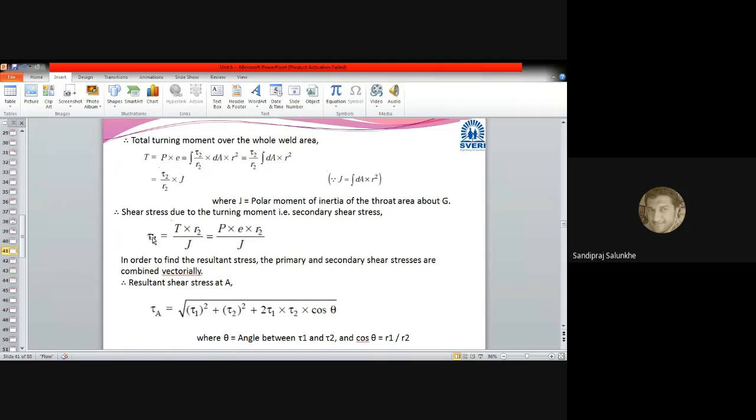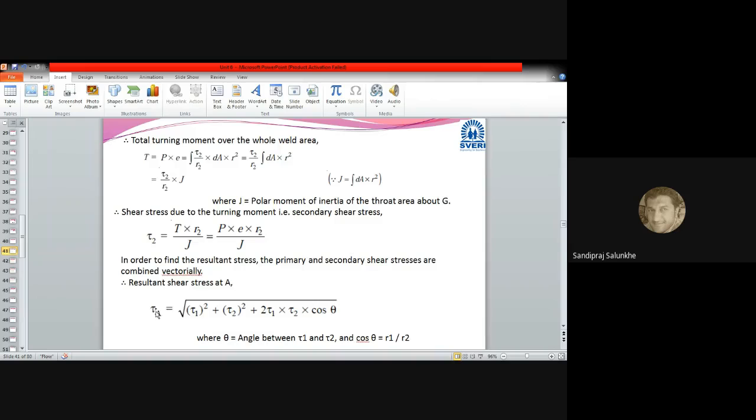This shear stress and the direct shear stress have to be combined together so that we can have the total shear stress which will be generated. So in order to find the resultant stress, the primary and secondary shear stresses are combined by means of the cosine law. So tau A, the shear stress at point A, which will be maximum. One can calculate it at any point, but we have to calculate the shear stress at the point where it will be maximum, and this maximum shear stress will be created at the point which is far away from the CG.